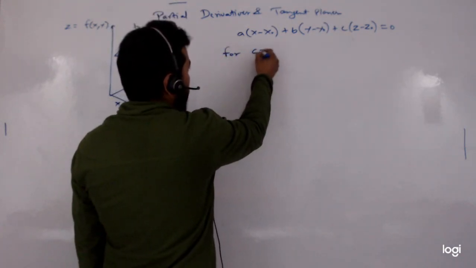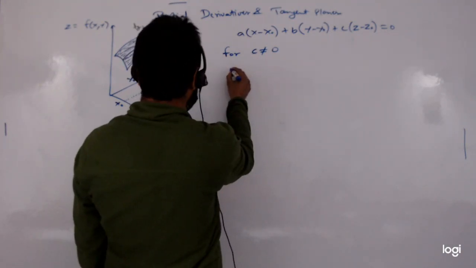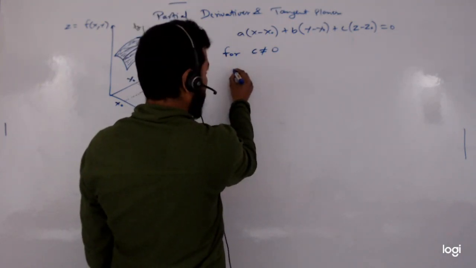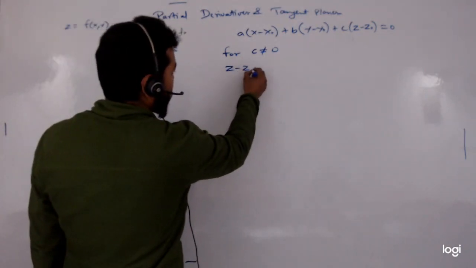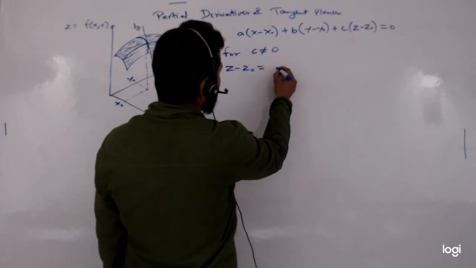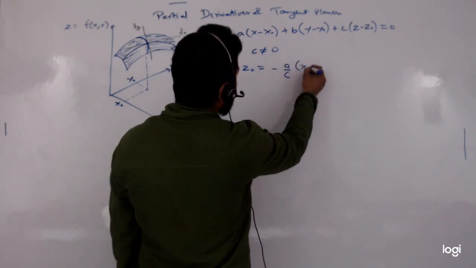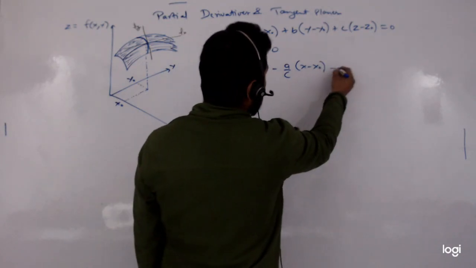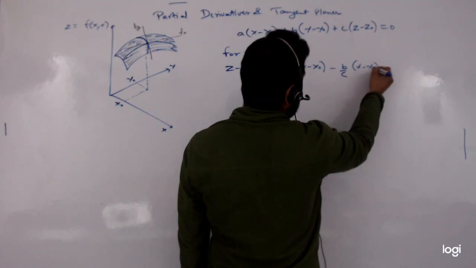For c not equal to 0, we can write this equation as z minus z naught is equal to minus a by c into x minus x naught minus b by c into y minus y naught.